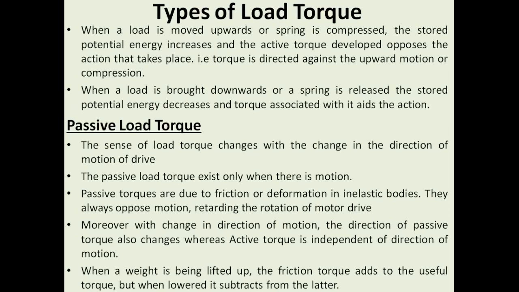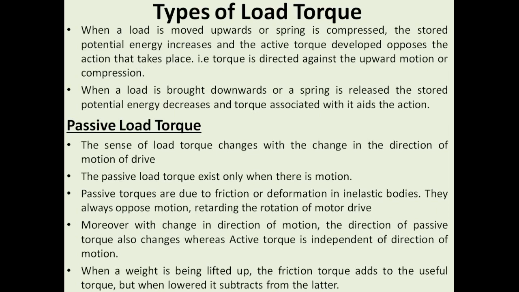So whenever this active torque is acting in the direction opposite to the real action that is taking place, that is, in the case of hoist, the load is moving upwards and the gravitational pull is acting downwards, this gravitational pull is the active torque there, acting downwards when the hoist is moving in the upward direction.